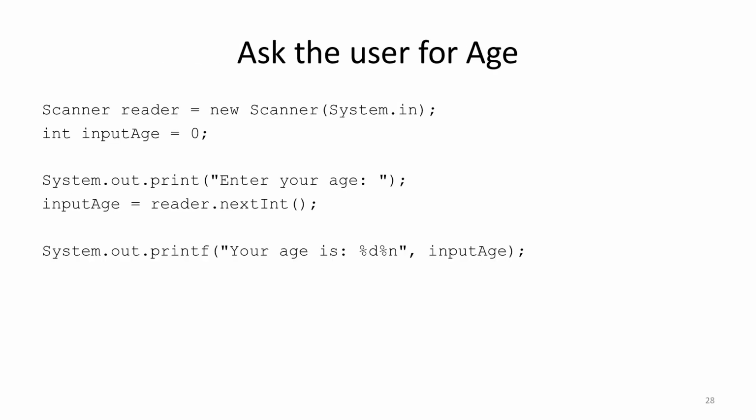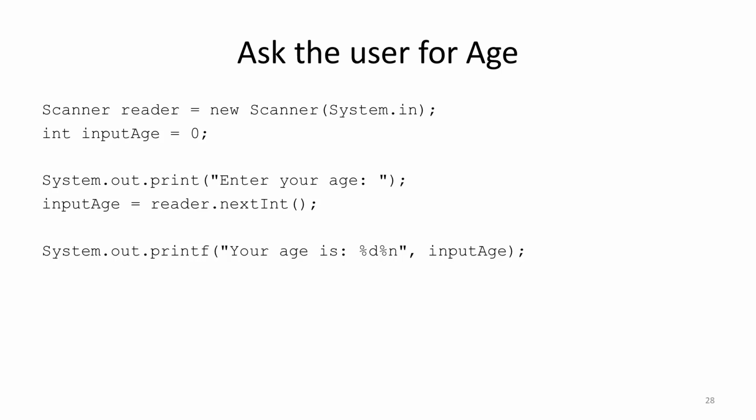Here's a snippet of a program that asks the user for their age and then spits it back out. So I create a scanner object, I create an integer variable to store that user's age, and then go ahead and ask the user for their age. So enter your age, and then I tell the scanner, go get the age as an integer. So I'll say reader.nextInt.